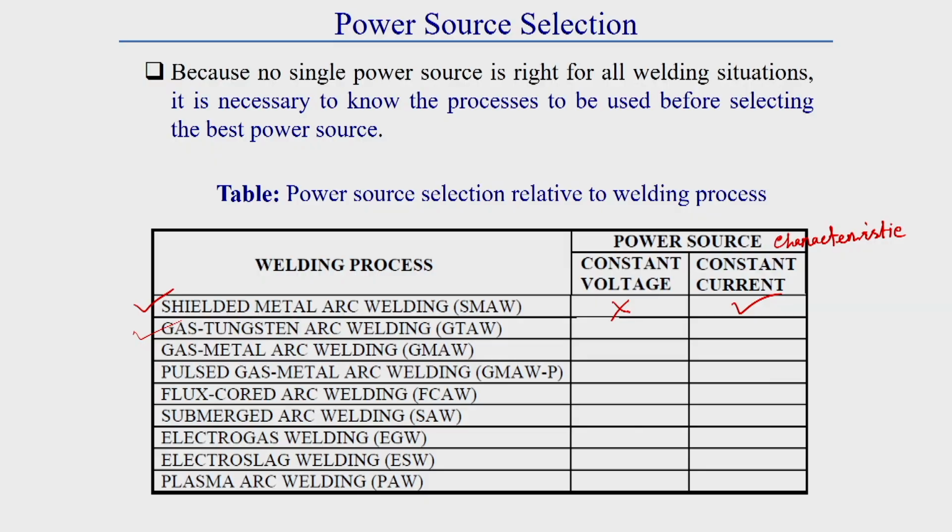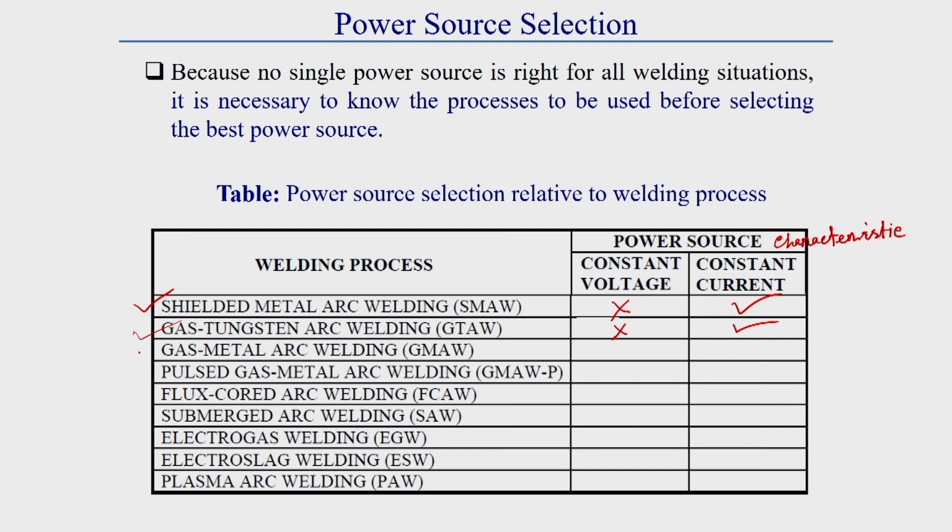That is why, in gas tungsten arc welding, we should use constant current power source characteristics. We should not use constant voltage, because it is not preferable for non-consumable electrodes, as already discussed in the previous slide.